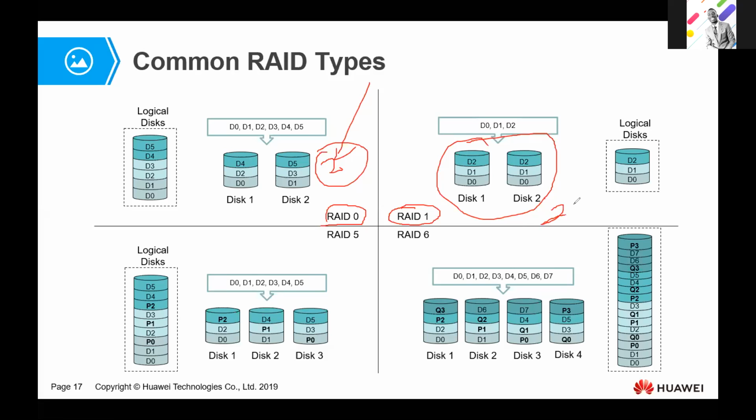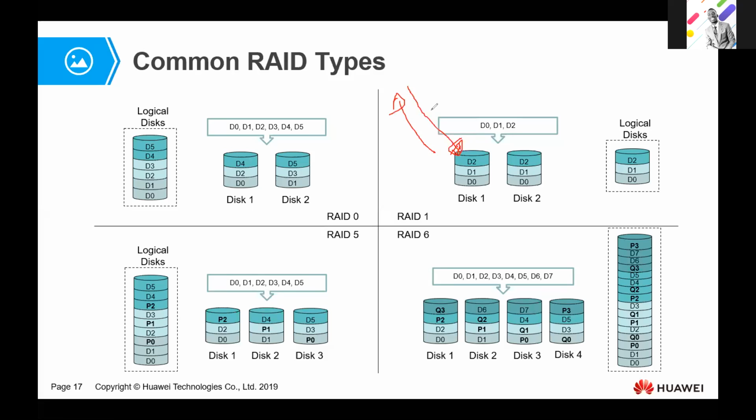But now when it comes to RAID 1, which we're also calling mirroring, what will happen is that disk 1 will just mirror itself to disk 2. But whenever a user is accessing and reading and writing data on them, he will only access one disk at a time, the source disk or the active disk. He will read and write data from the active disk.